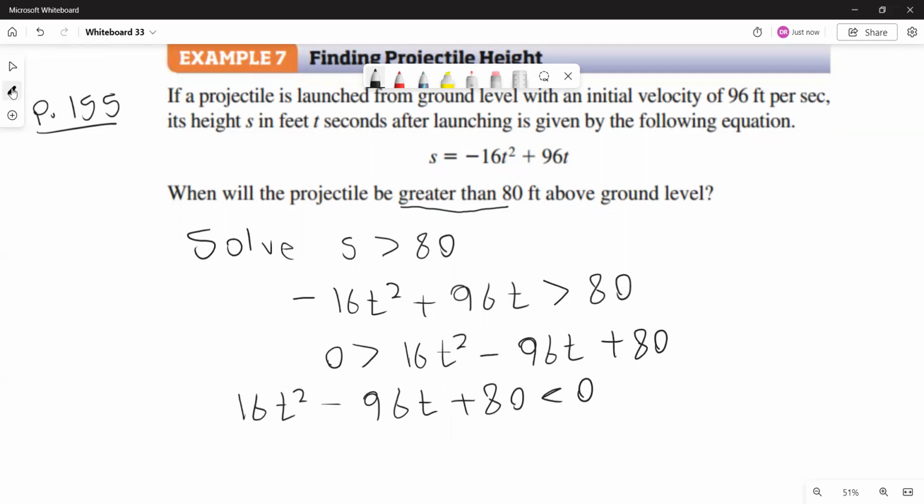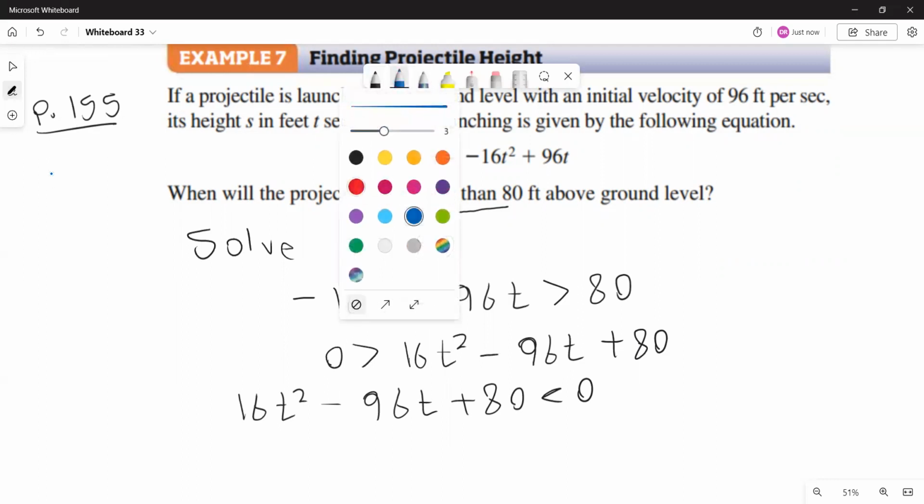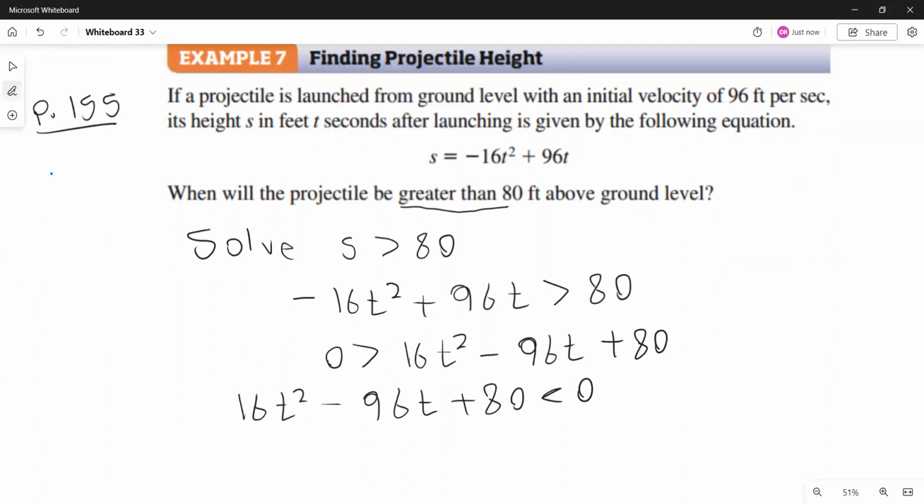I can simplify this a little bit. 16, 96, and 80 are all divisible by 16, so I can factor out 16.